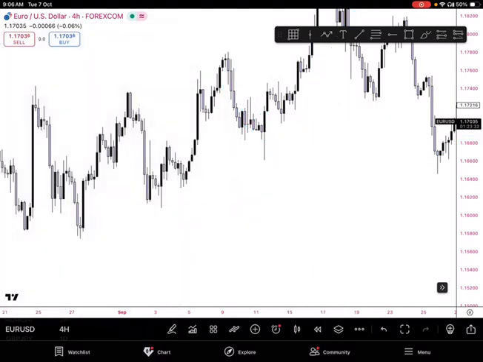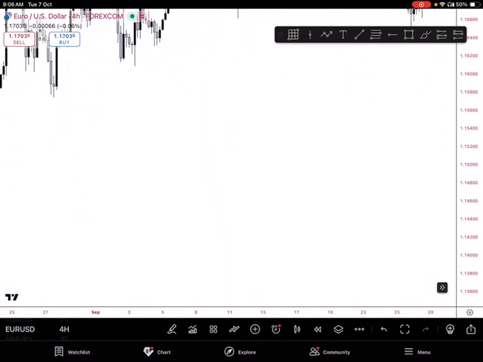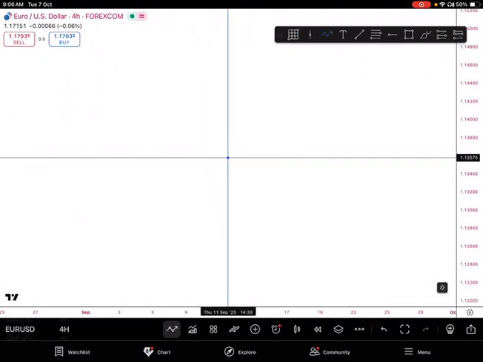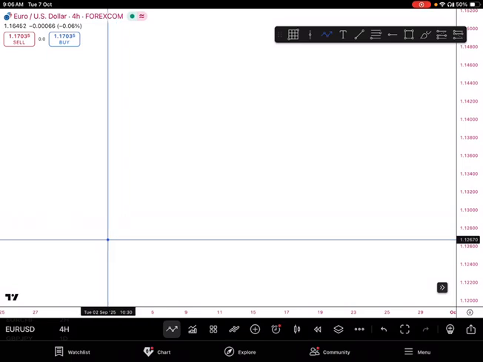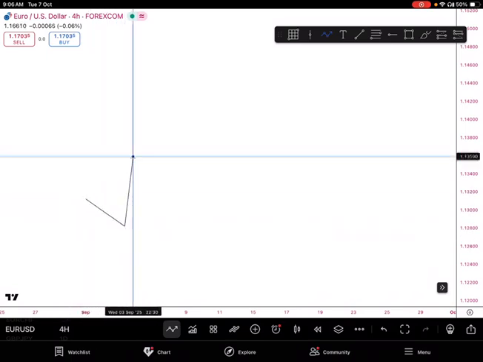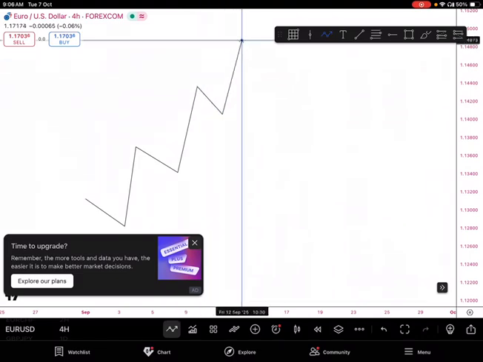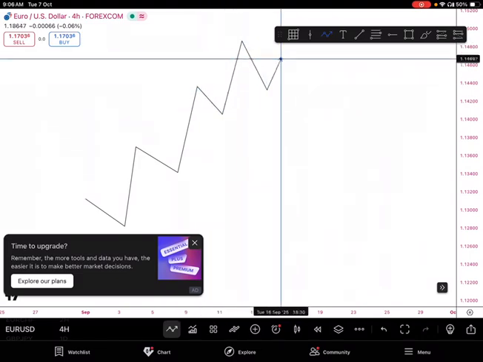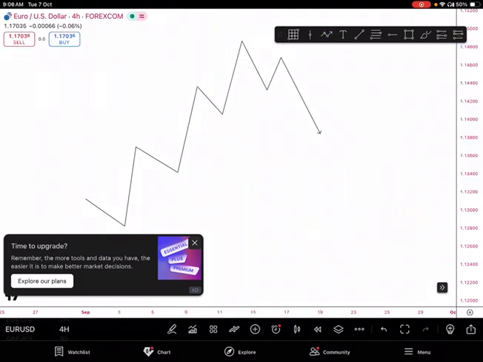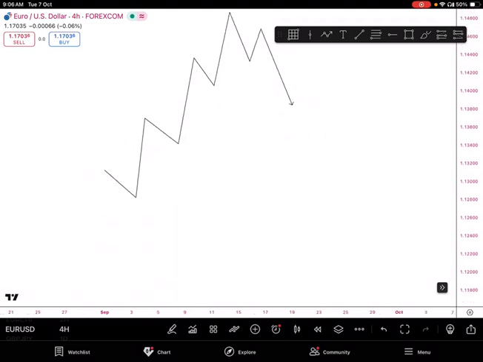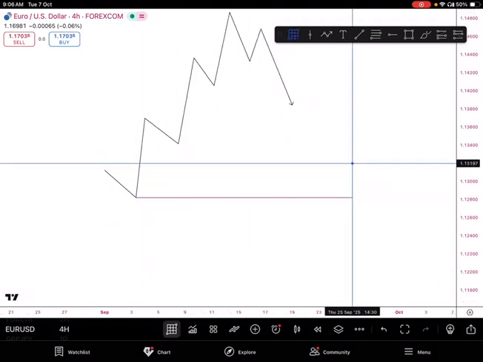Other than that, you need to know about fake structure. So what is the fake structure? I told you that when you have swing highs and swing lows. So here we have a swing low. Here I have a swing low. This we call a swing low.